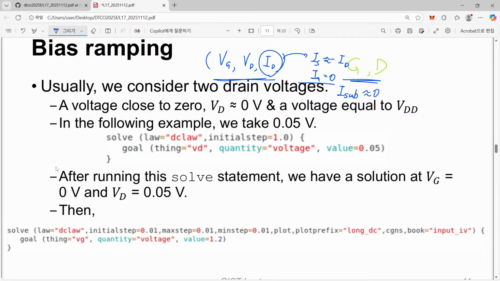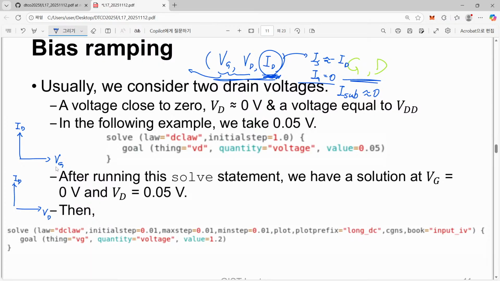So drain current itself, the output current, is single valued. There is no other current, but now we have two different input parameters: gate voltage and drain voltage. So when we draw certain quantities, ID as a function of VG or ID as a function of VD, we can have two different flavors.